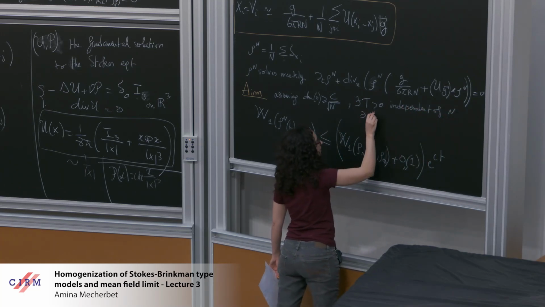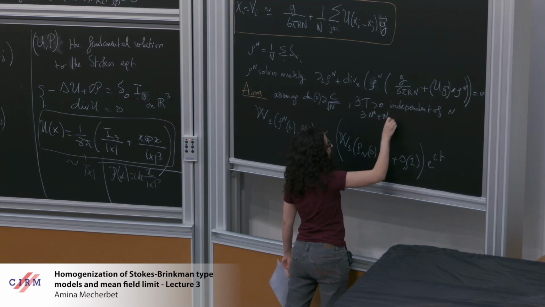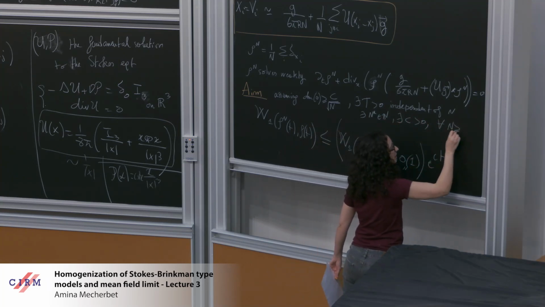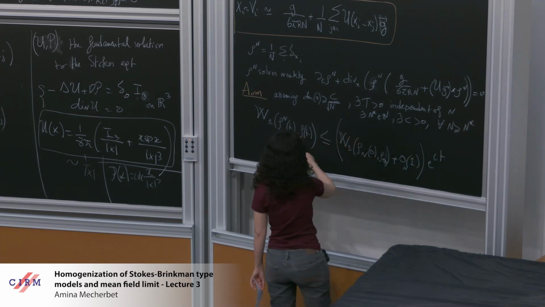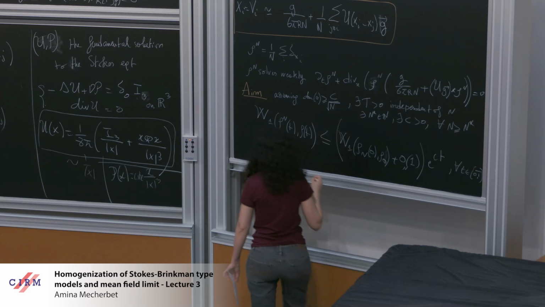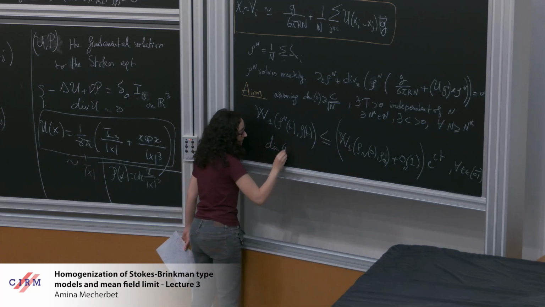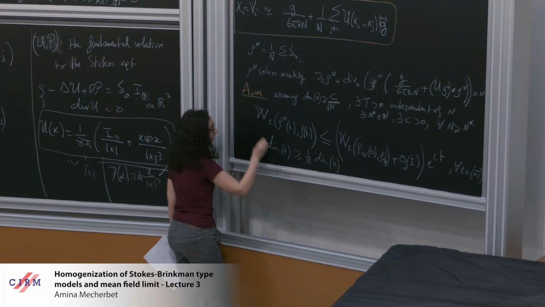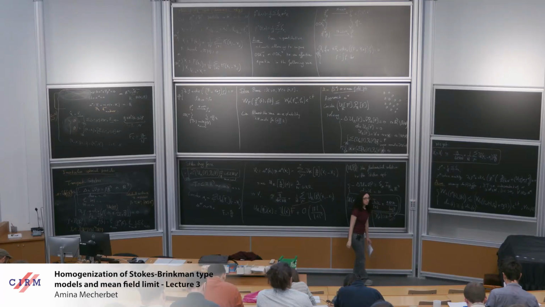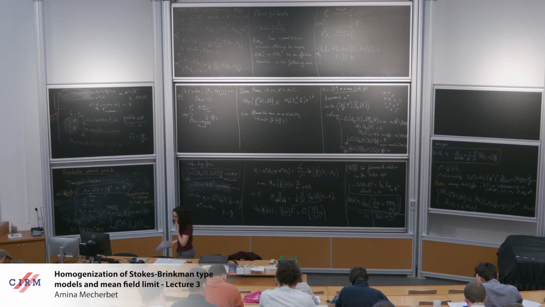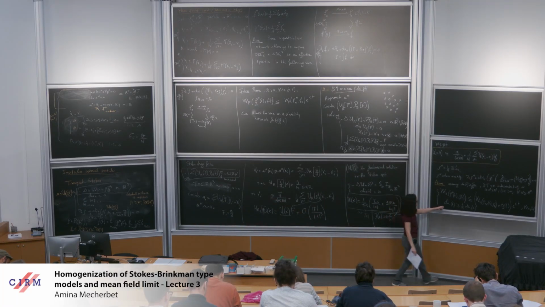And there exists n star and a constant, such that for n larger than this constant, you have this approximation for any time. And you control the minimal distance at time 0 by its initial minimal distance. For the moment it's not clear where this assumption is needed.